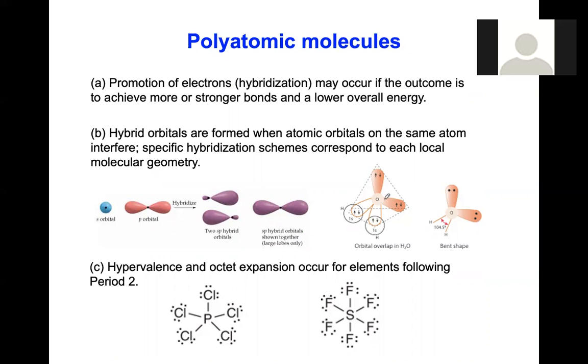We have px, py, pz, right? They are perpendicular to each other. However, when it forms bonding with two hydrogen atoms, the four valence orbitals around oxygen are not the ideal shape, right?